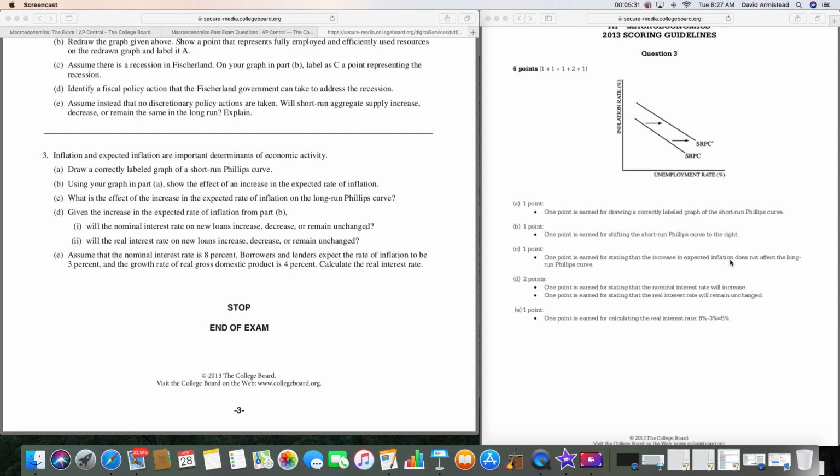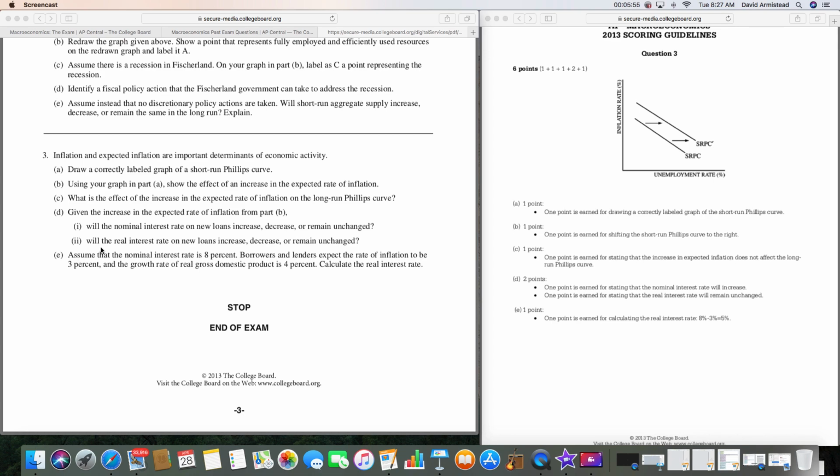If inflation goes to 5%, now the nominal interest rate is 7%. I know that's probably kind of difficult without me drawing it out, it'd be a little bit easier to see. But just remember, your nominal interest rate is the real interest rate plus inflation. If inflation goes up, then your nominal interest rate goes up.